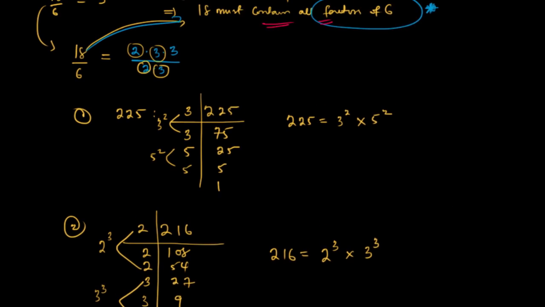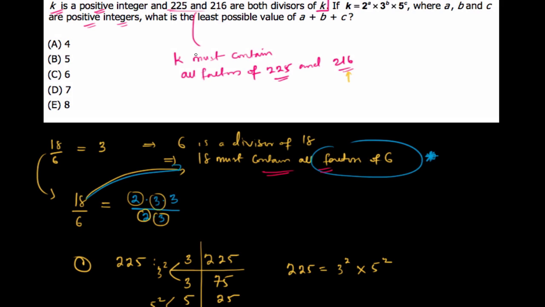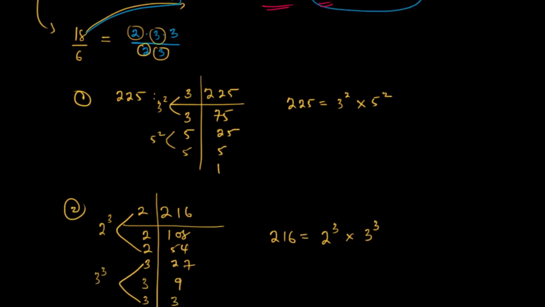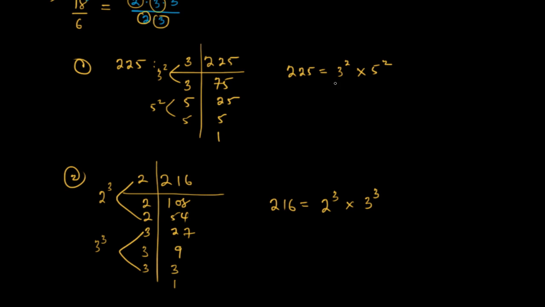So now, based on the information we have here, it says since 225 and 216 are divisors of k, then k must contain all factors of 225 and 216. So we know that 3 squared and 5 squared are factors of 225, and 2 cube and 3 cube are factors of 216.